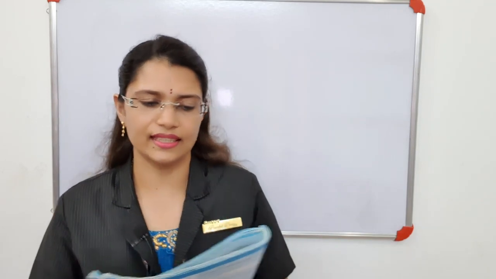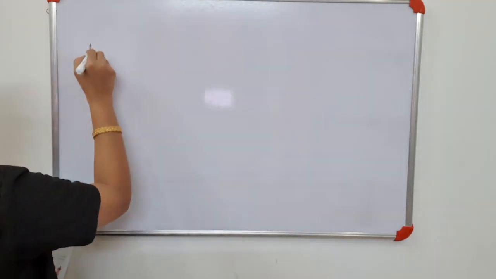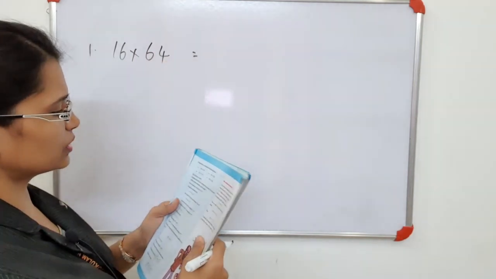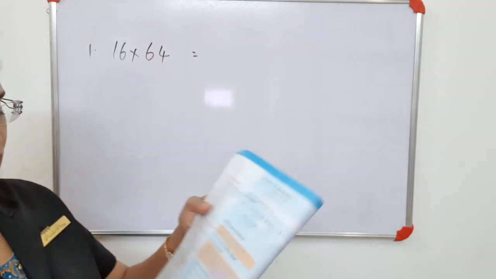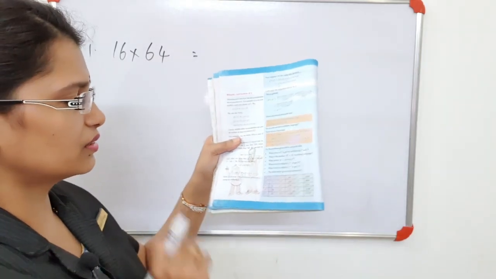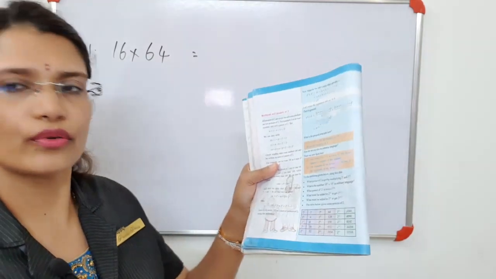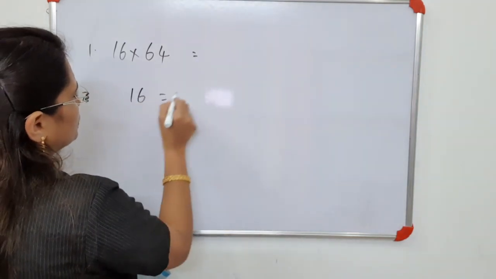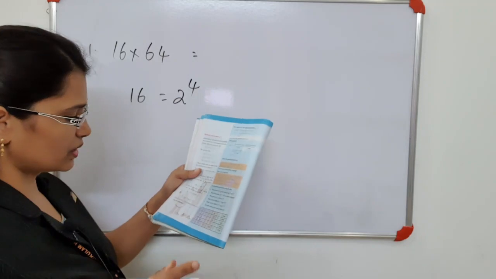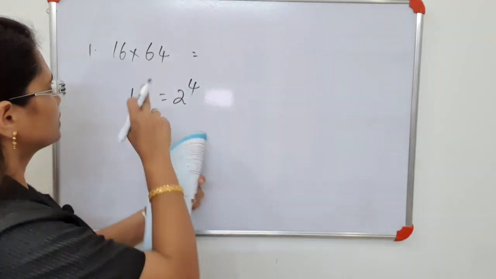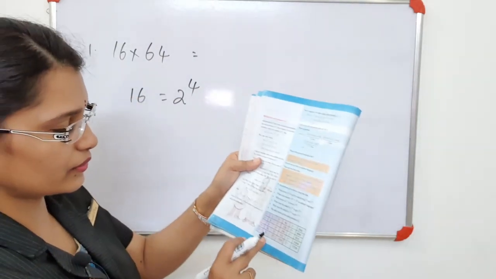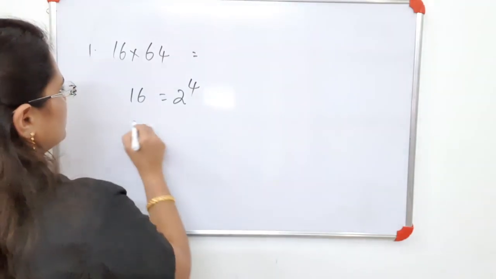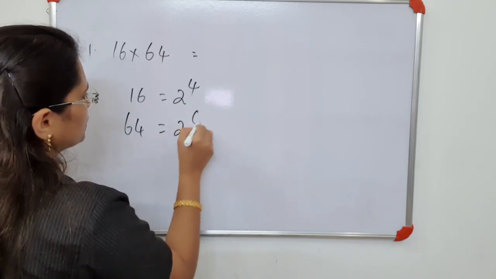So children, the question is using this compute these products. First question is 16 into 64. So how to do this? 16 is given already here. 16 is equal to 2 raised to 4, and 64 is equal to, look at the table and find out, 64 is equal to 2 raised to 6.